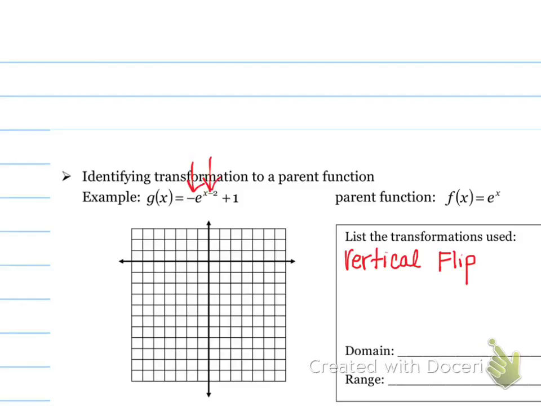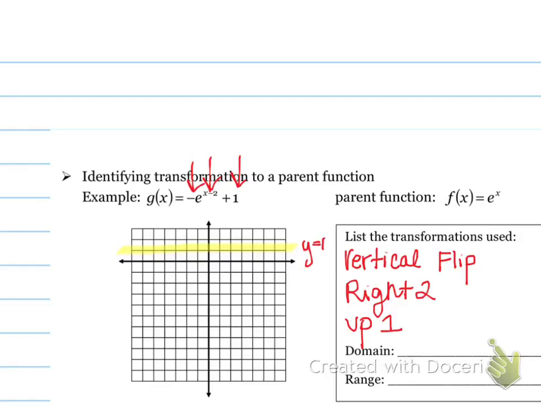Then up here in the exponent we have -2, so that means we go right 2. And then outside we're going to go up 1. The first thing I'm going to do is look at that vertical shift, because that is what affects my asymptote. So my asymptote is now at y equals 1.